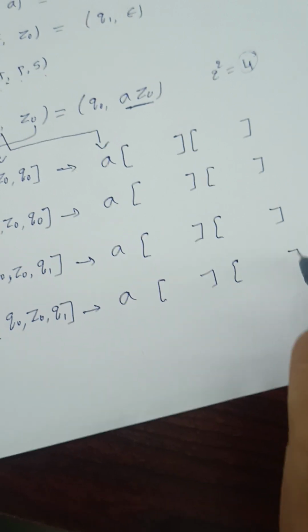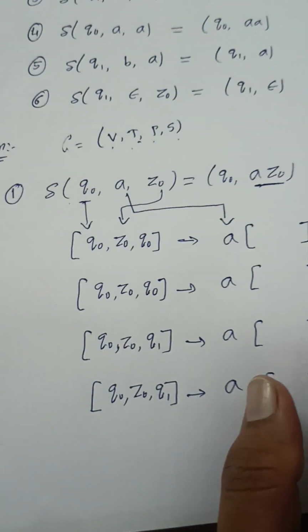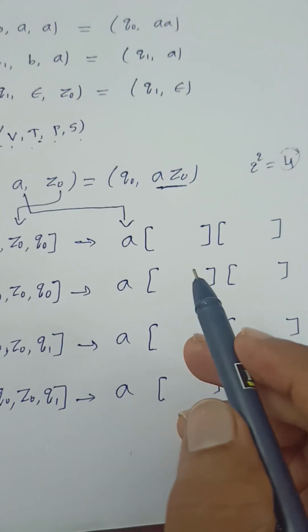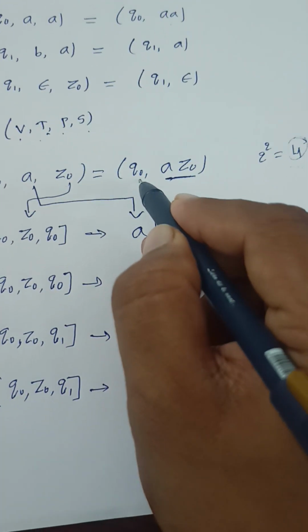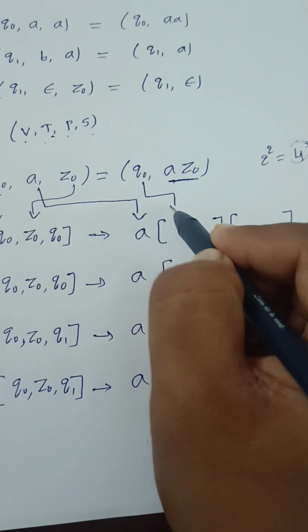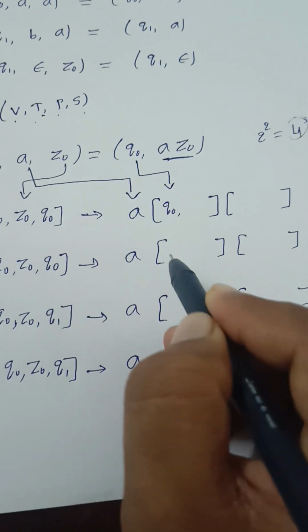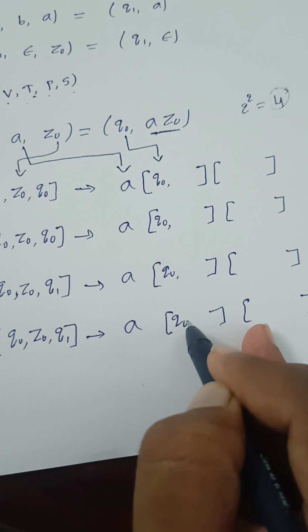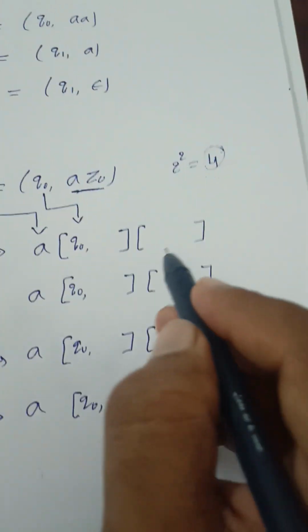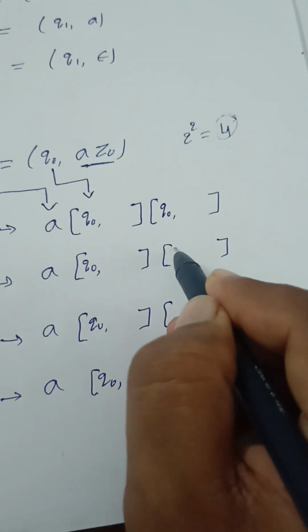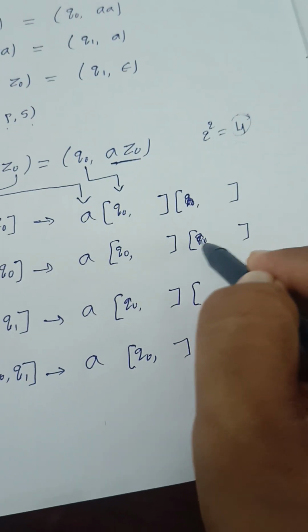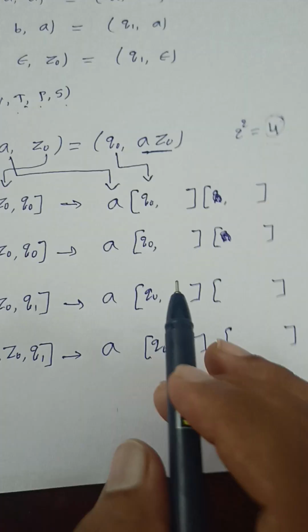Our aim is to fill these 2 square brackets with the help of the 3 fields. Simply substitute q naught, q naught, q naught, q naught, and here also the same q naught. Only one time we will write here.